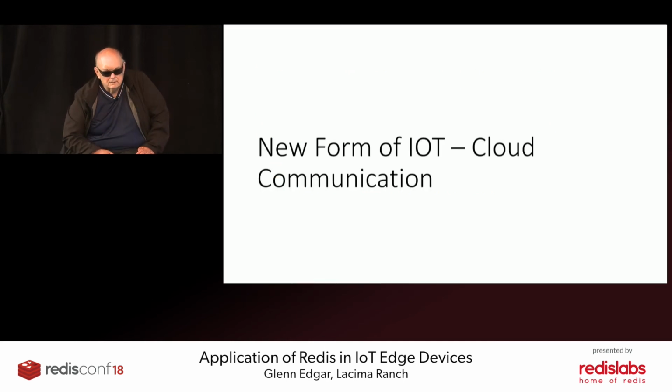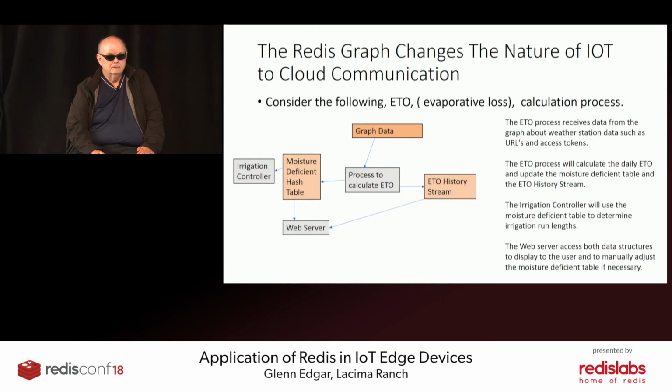And then the last topic I want to talk about is a new form of IoT cloud communication. Consider my evaporative loss calculation that's on the edge device. Essentially, from the Redis graph, I use a process to calculate the ETO.